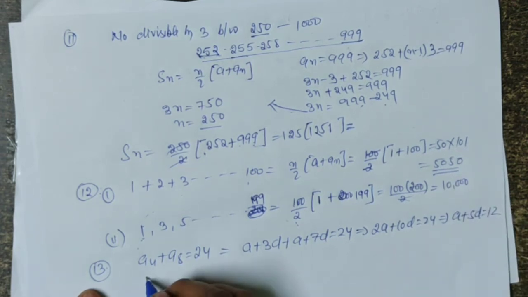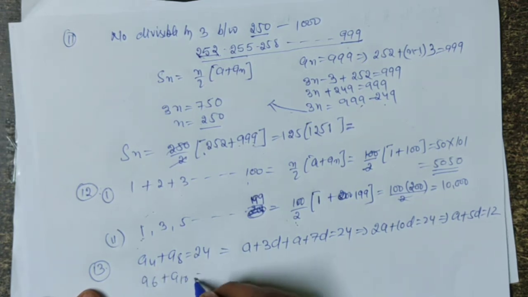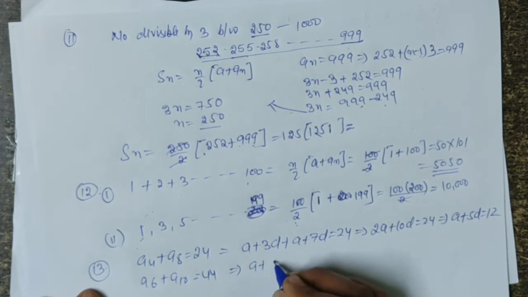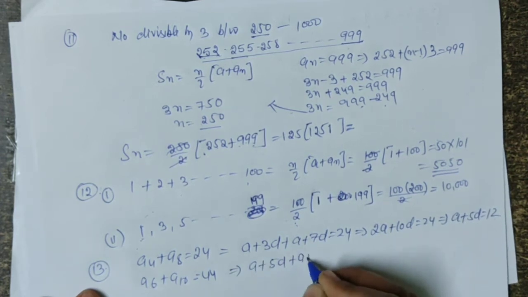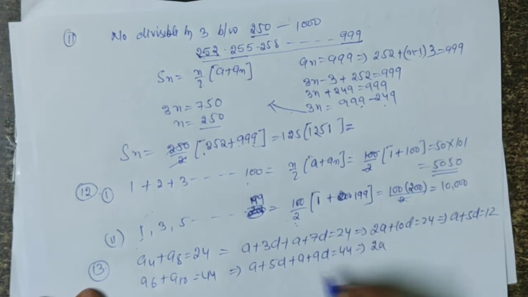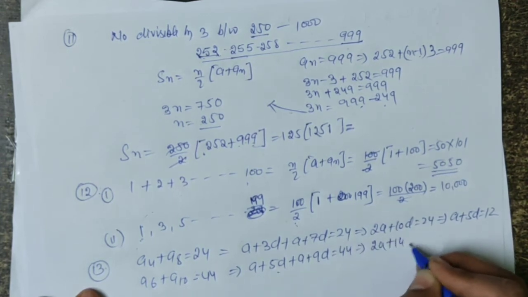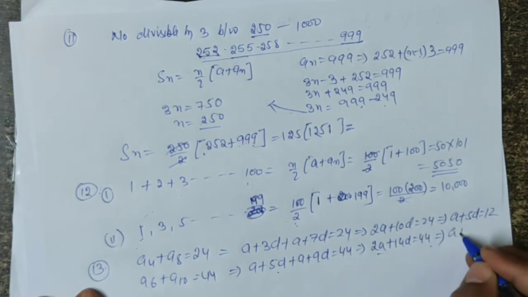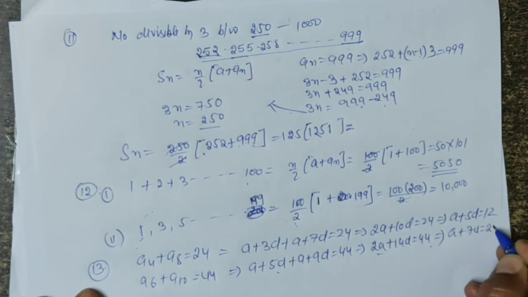This is the first equation. And the 6th plus 10th term is 44. That means a plus 5d plus a plus 9d equals 44. 2a plus 14d equals 44. Ultimately, divide by 2: a plus 7d equals 22.